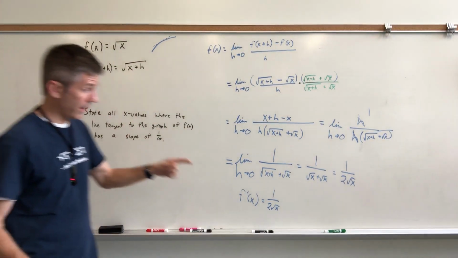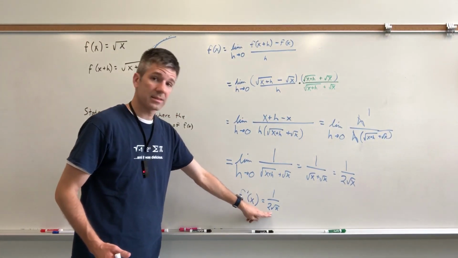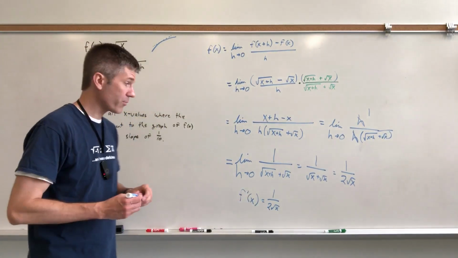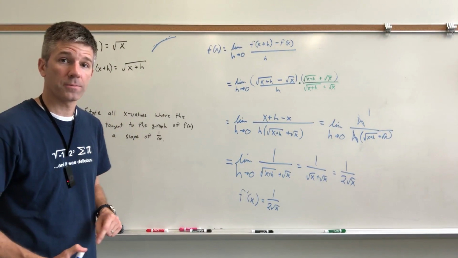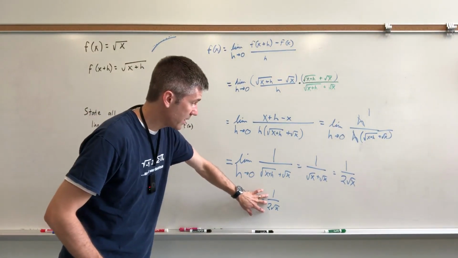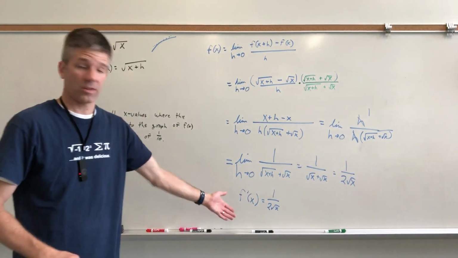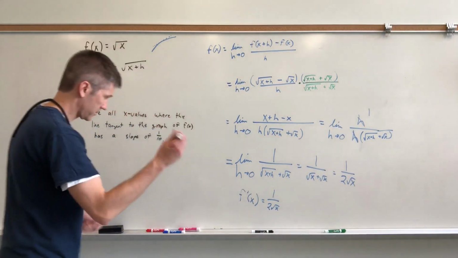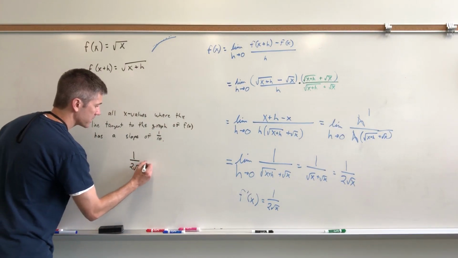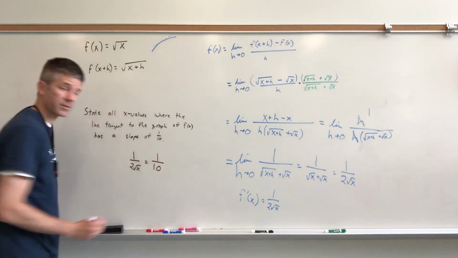Oh, well then, I need this to equal 1/10. I need to know every x value where this is equal to 1/10, because that is the slope. So let's do it. 1 over 2 square root of x equals 1/10.